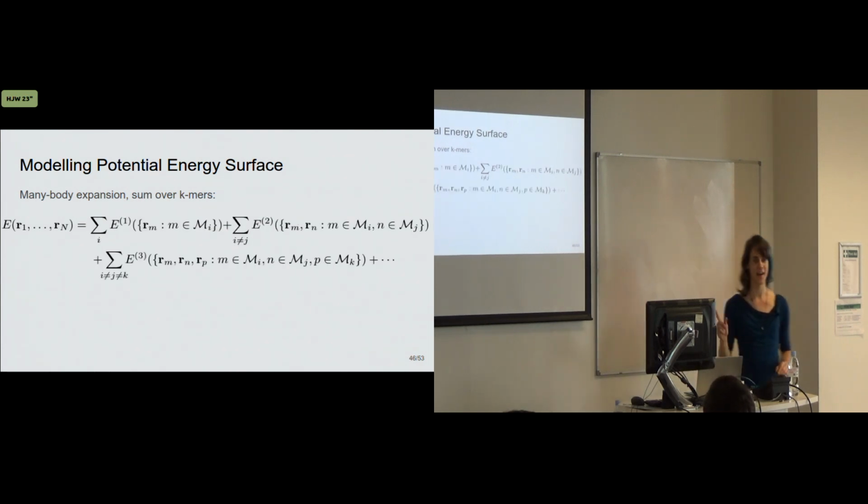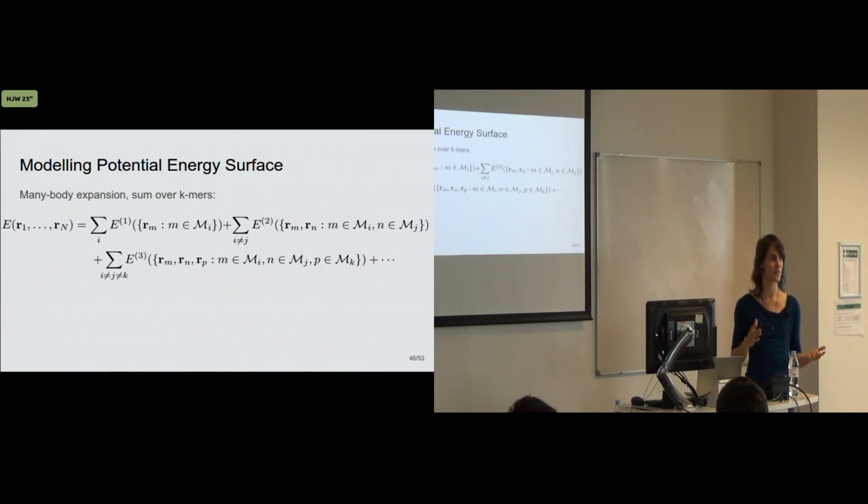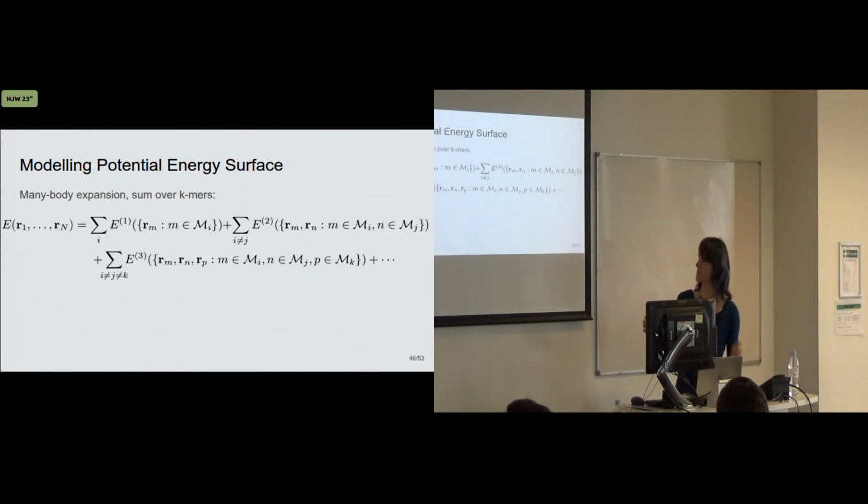Slight complication, actually, it's not just atoms. Then the 3-body term would just be a function of 3 atoms. But if you do molecular modeling, you have to take into account molecules as a whole. It doesn't really make sense to split them up. So the single body term is already going to be a function of as many atoms as you have in one molecule.